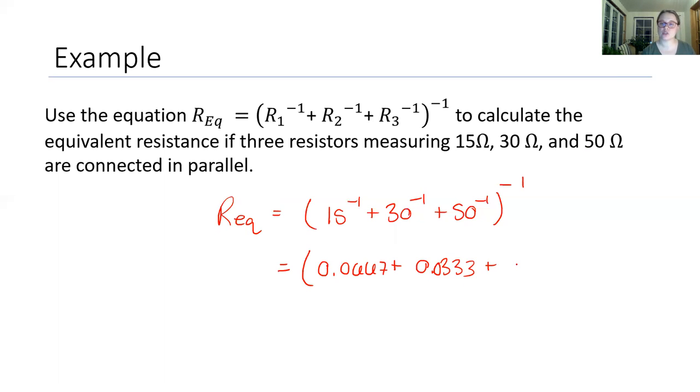Now, one of the reasons for using this method is because with these particular numbers, yes, you could get to a common denominator of 150, but it's going to make bigger numbers. So the harder it is to get a common denominator, this method happens to work better. So all of that to the power of minus 1.